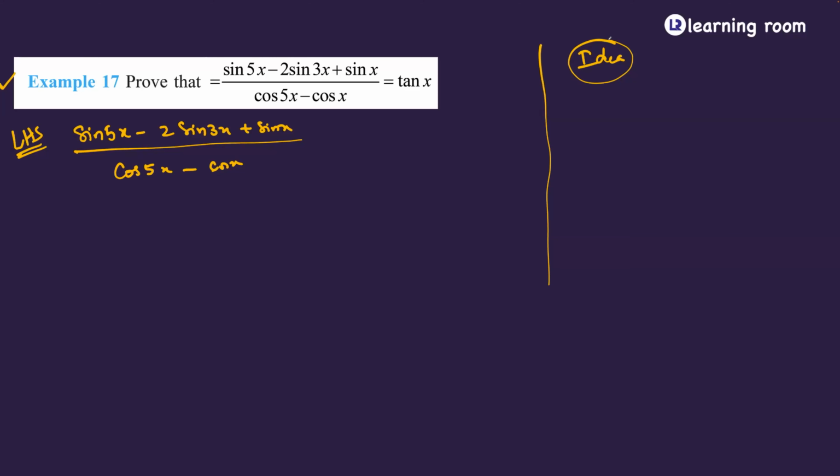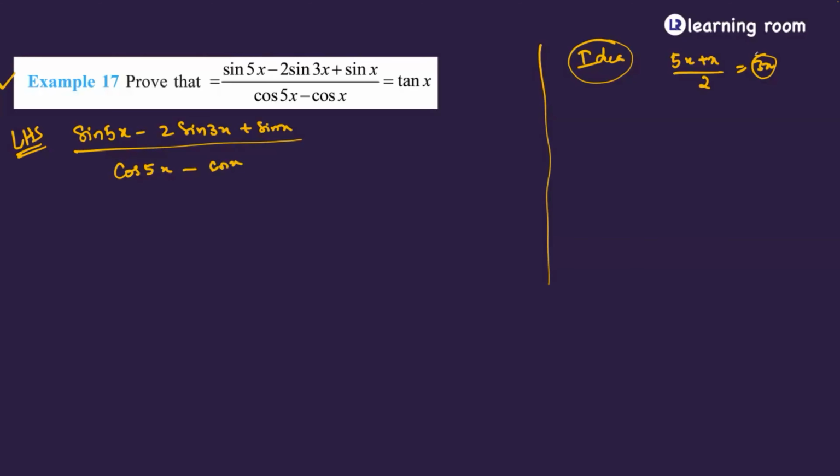That is common. So if I look at this, I have 5x here, I have x here, and here I have the coefficient of sin 3x as 2. So I will combine sin 5x plus sin x. When I do that, I'll get A plus B by 2, which is 5x plus x by 2, going to be 3x.